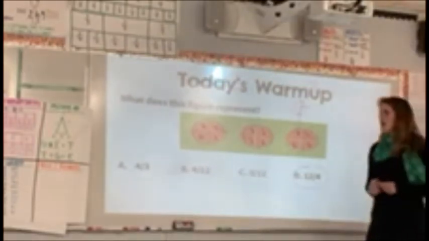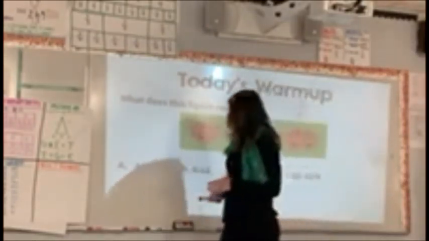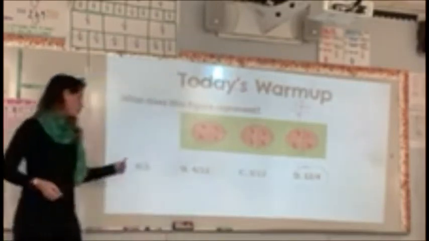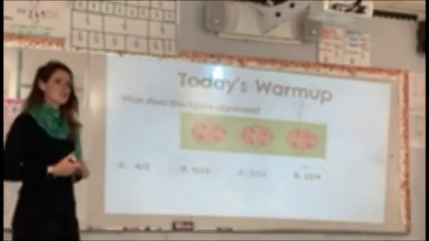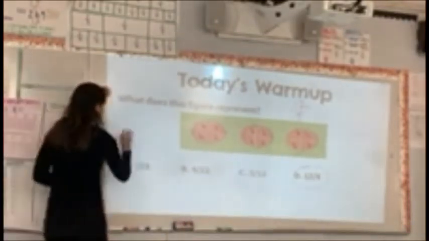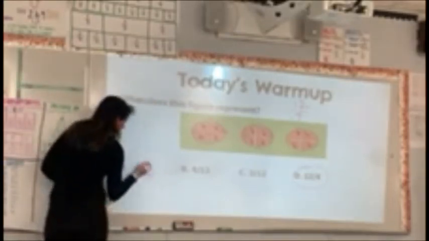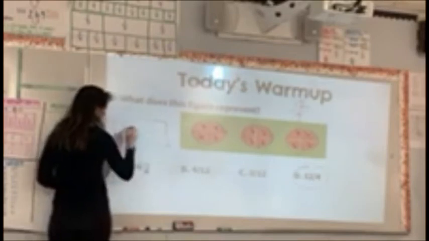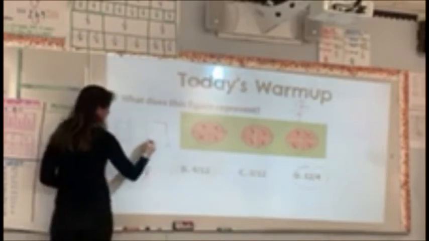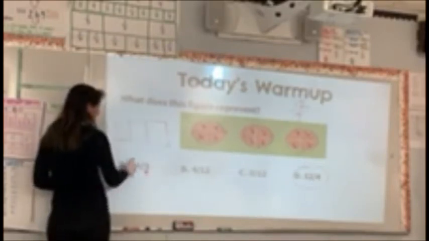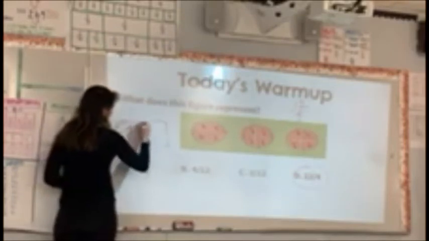All right? I have a feeling if you got that wrong, a lot of you chose A, 4/3. But if I looked at 4/3, that means 3 would be my denominator, guys. So my whole would be broken up into thirds. And I would have 4 pieces shaded.